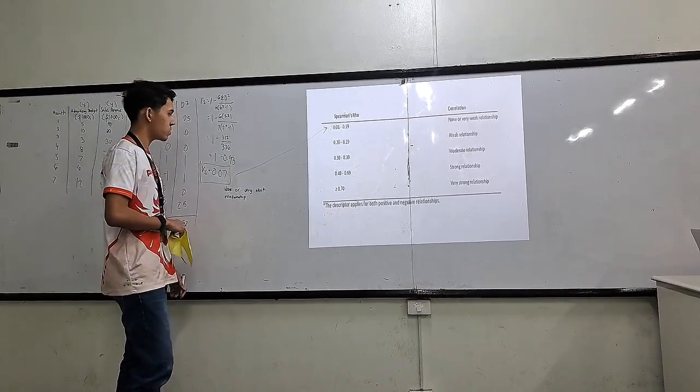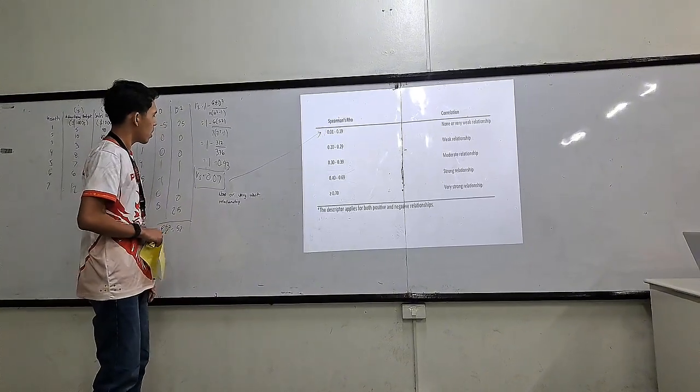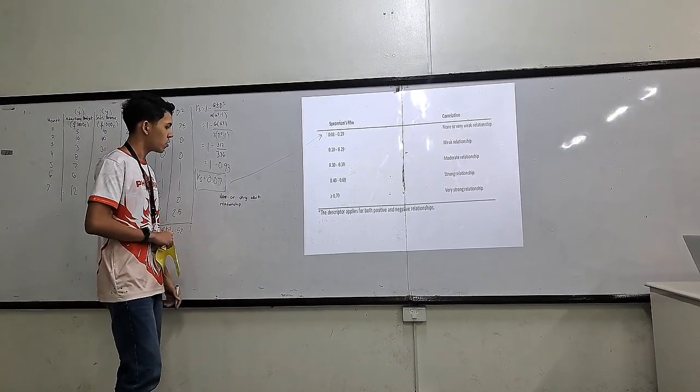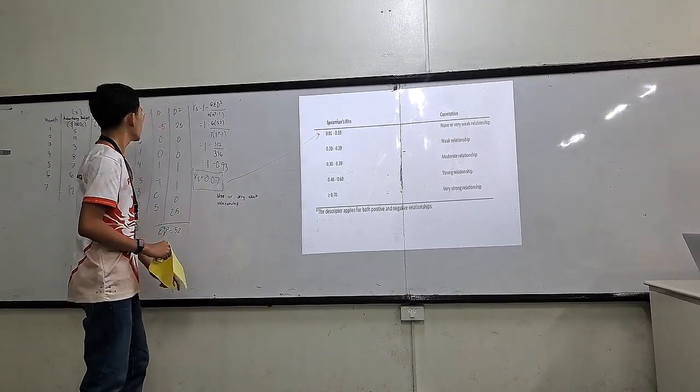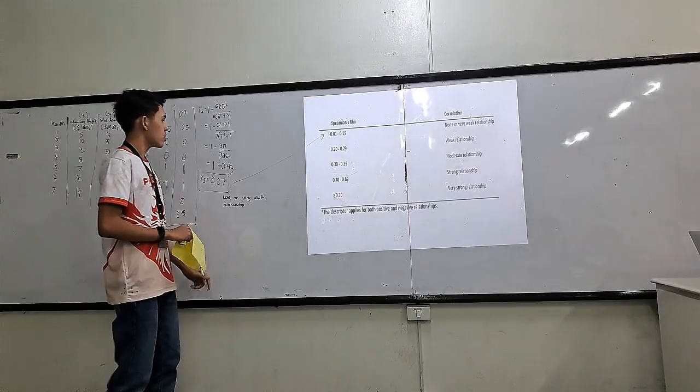So 0.07 has a negligible interpretation in our example.